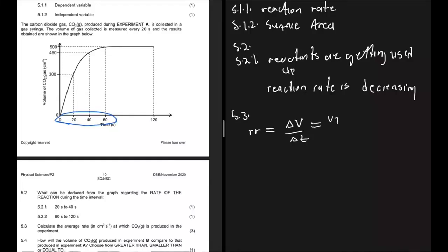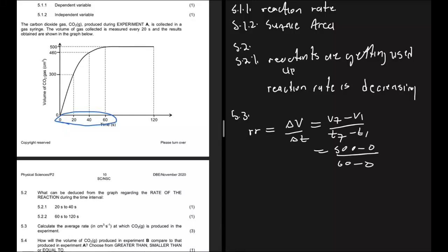So we're going to have volume final minus volume initial divided by t final minus t initial. So what is the volume final? The volume final is 500 cm³. So we're going to have 500 minus 0 because initially it was 0. And then we divide that by t final, which is 60 seconds, minus 0 seconds.